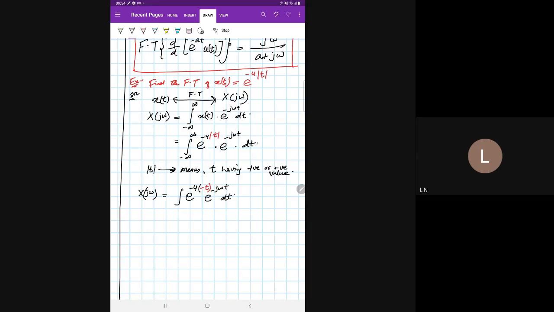Its limits will be from minus infinity to 0.